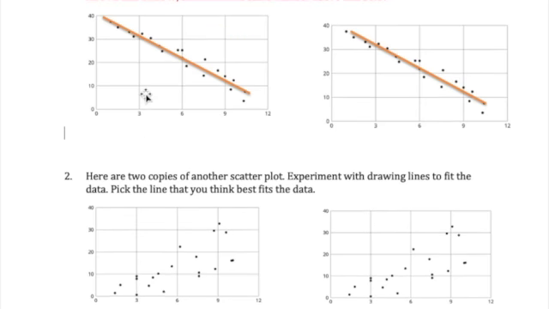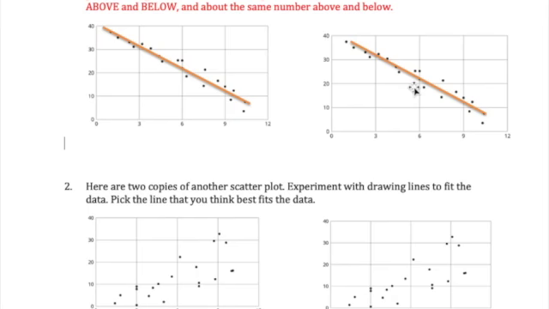Let's see which line I think is better. So let's think. I have these 2 lines that I made. I have left and I have right, and they're pretty similar. They're actually almost identical. It's very hard to tell the difference between them. I think I like the left better.